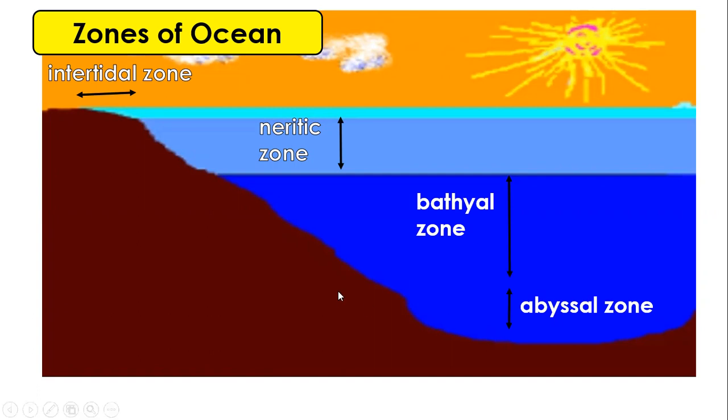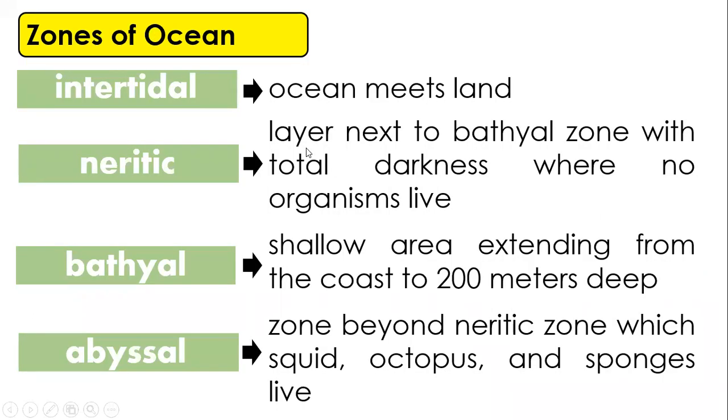So most of the animals and plants can be found in the neritic zone and intertidal zone. Intertidal zone, ocean meets land, then neritic zone, layer next to bathyal zone with total darkness where no organisms live. Bathyal zone, shallow area extending from the coast to 200 meters deep. Abyssal zone, zone beyond the neritic zone in which squid, octopus, and sponges live.